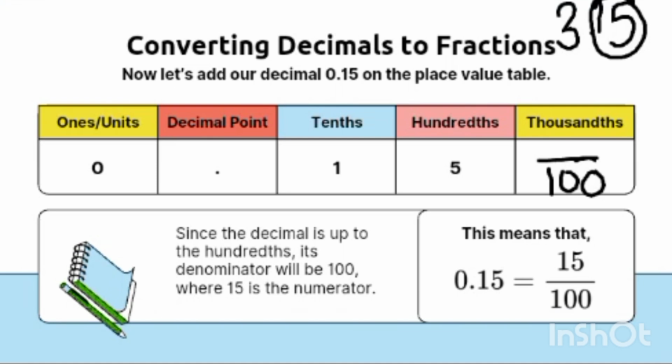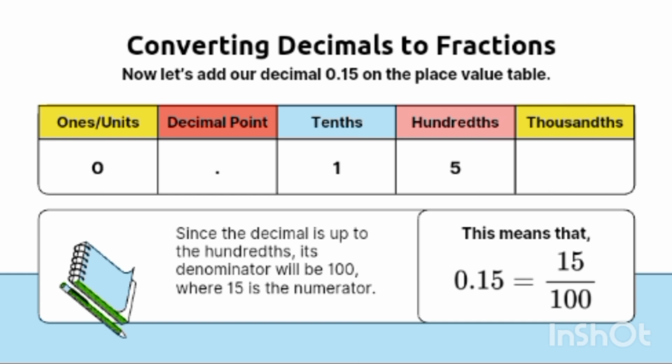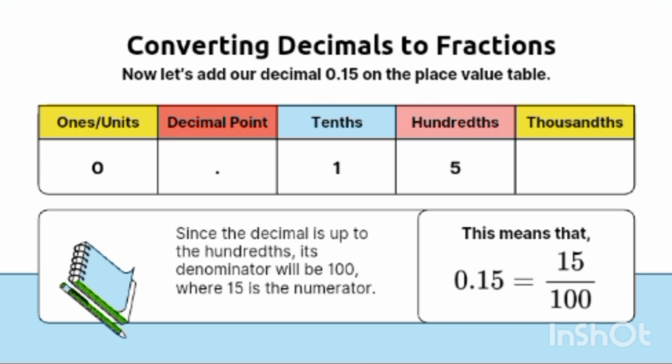Then after the point there is 15, so there will be 15 in the numerator. Now the 3 is before the point. If any number is before the point, you need to put that number as a whole number, like a mixed number. So the answer would be 3 and 15 by 100, like this.